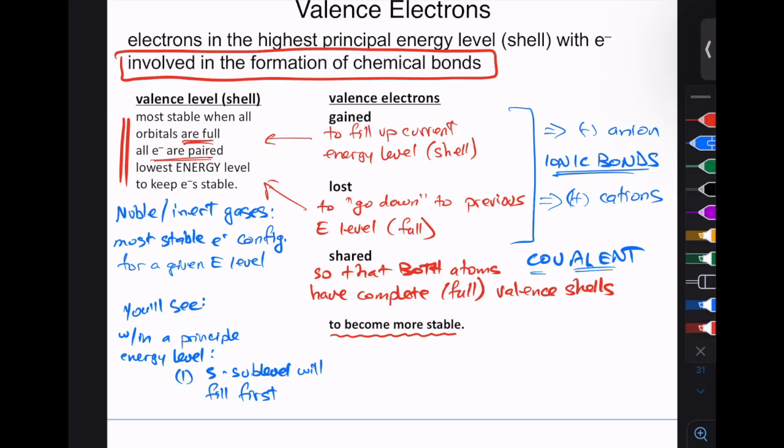It will get more complicated as we go on, but I'm going to keep it simple at first. And when you're describing the electron configurations, you'll find that it's the P sublevel that will always fill last.